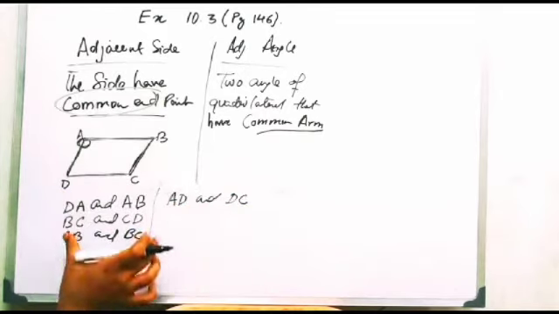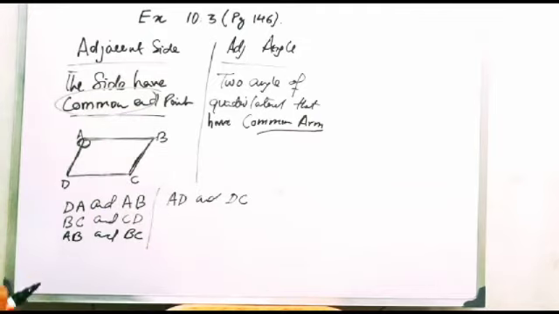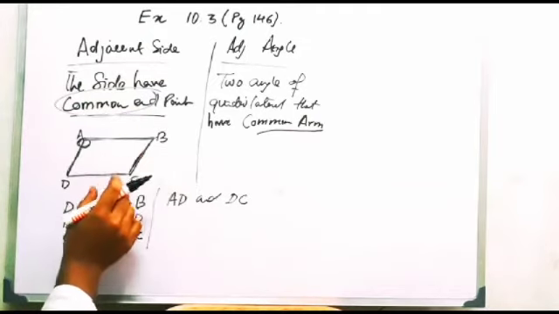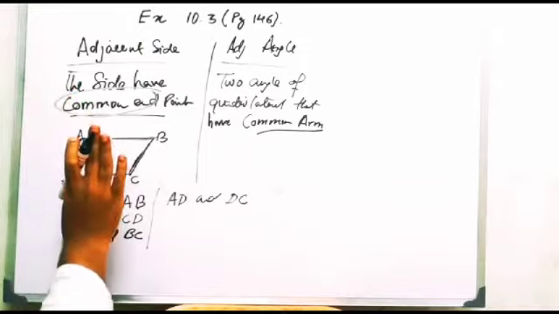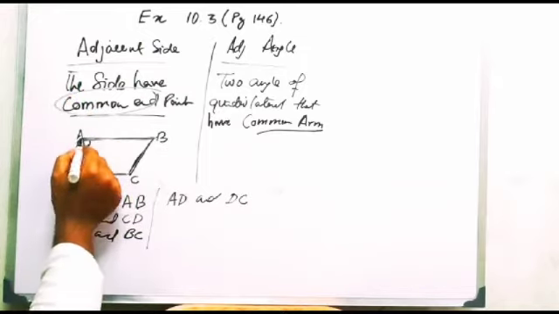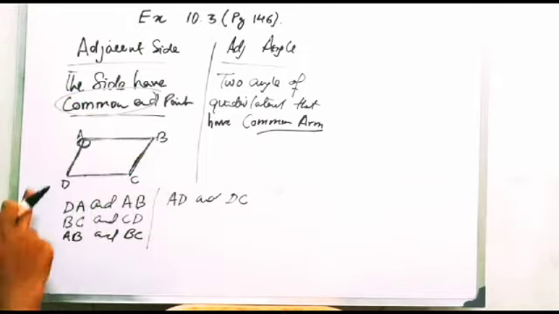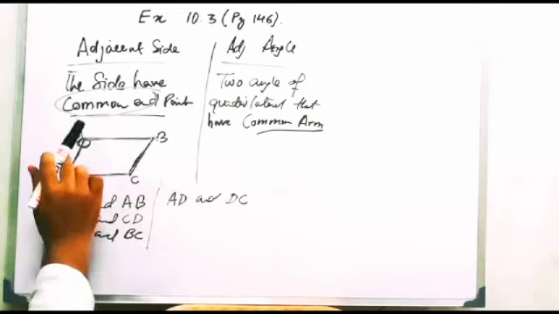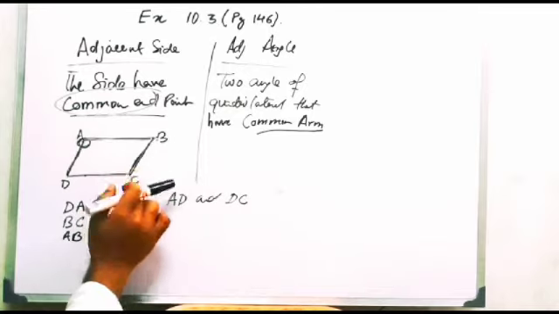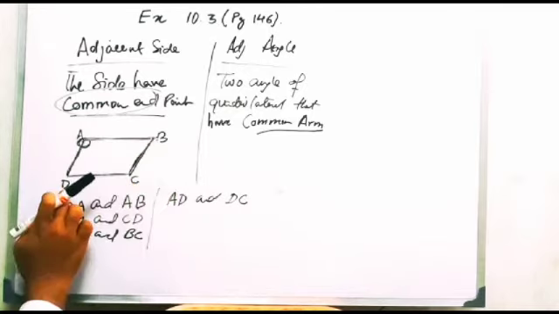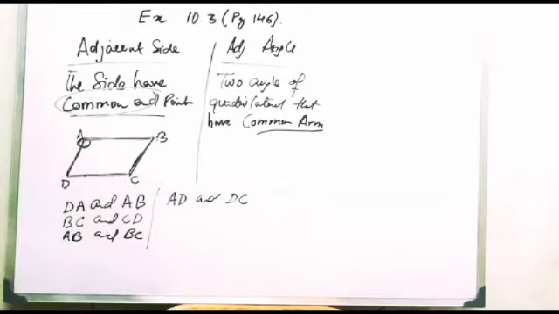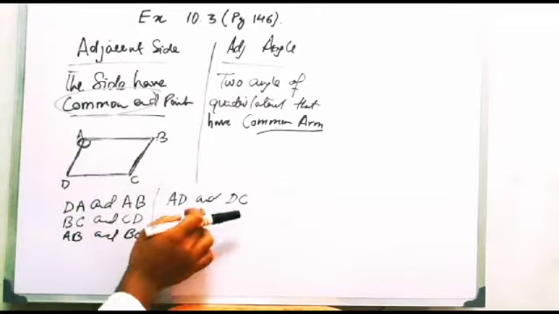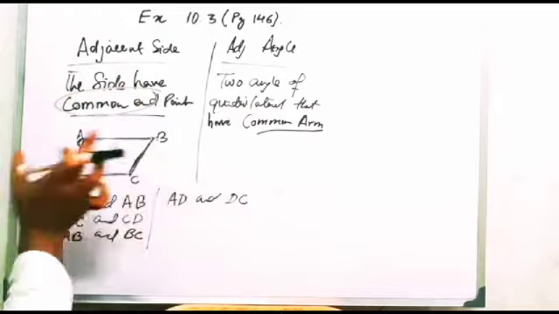So this is all about the adjacent side. So in this figure you will find 4 adjacent sides because there is a 4 common endpoint. First one is ABC. So AB and BC. Again BC and CD. Again CD and DA. Okay. So all these 4 are adjacent side of a given figure.